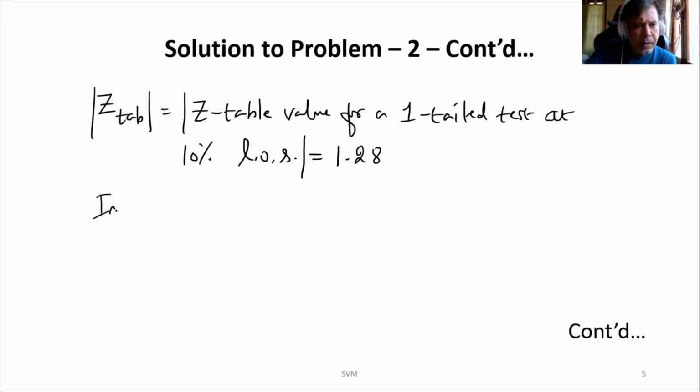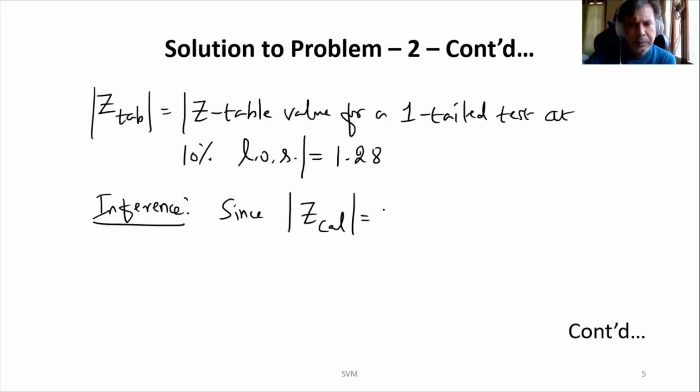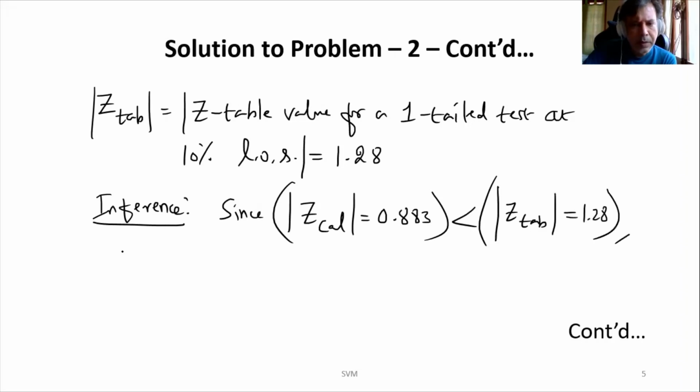Now we can infer. So the inference: since Z-cal, which is 0.883, is lesser than Z-tab, which is 1.28, we accept the null hypothesis.